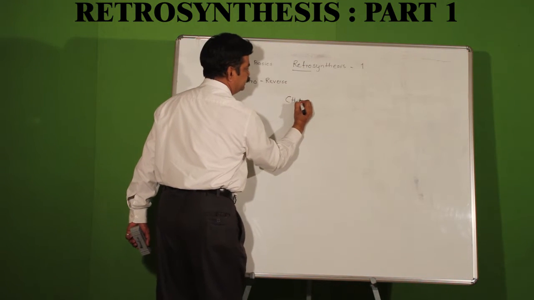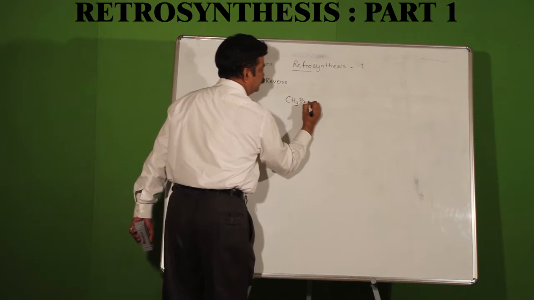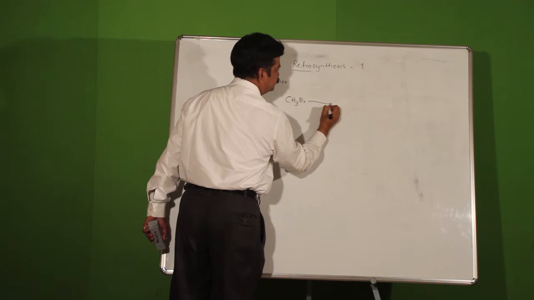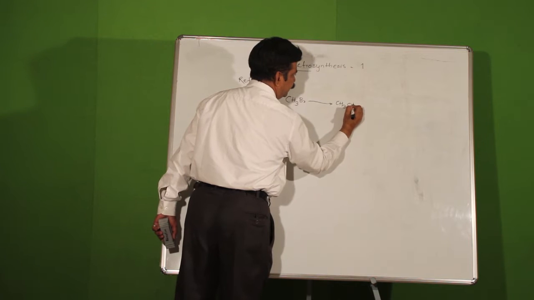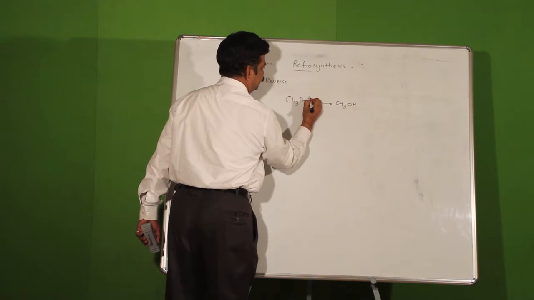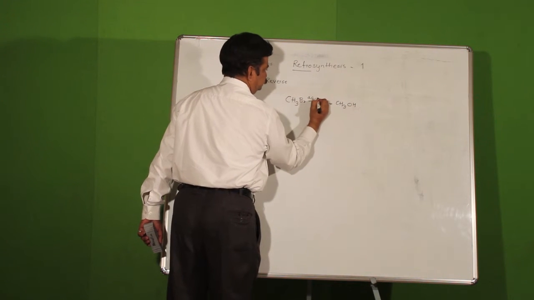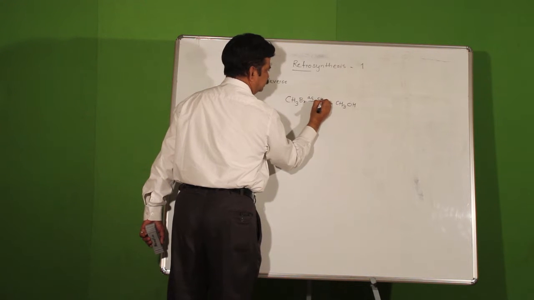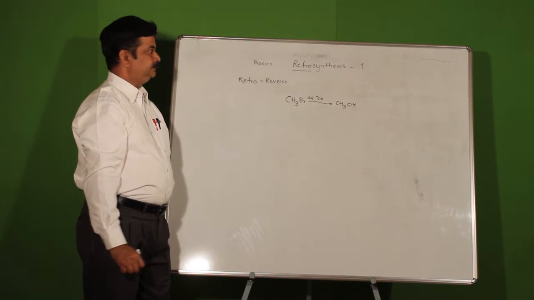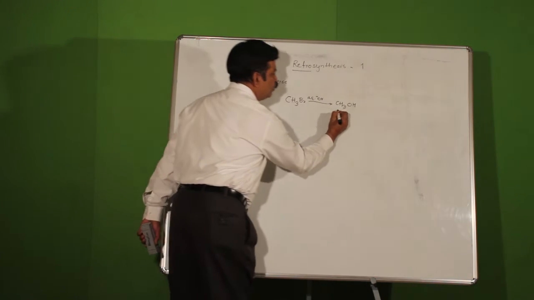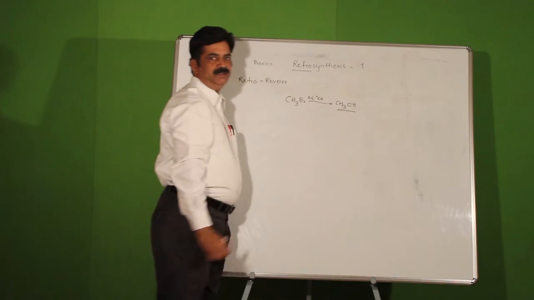CH3Br, that is methyl bromide, usually we write it's converted into CH3OH by aqueous OH minus. But we are not writing in this how methanol can be prepared.